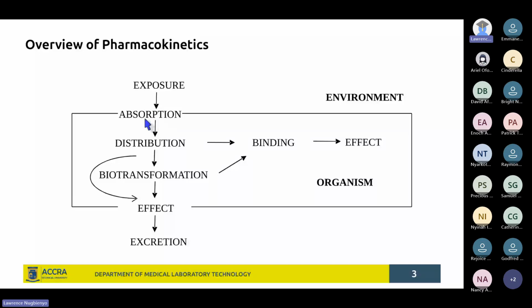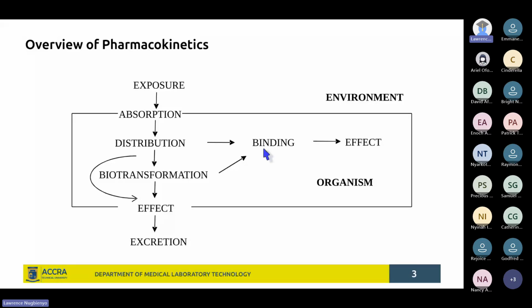And then the process of distribution. After the drug gets into the body, it gets into the bloodstream and it starts to move to various organs and tissues. That's distribution. Now, when it gets into the body and starts to get distributed in the bloodstream, there can be some of these drugs that bind even to blood proteins, like albumin.